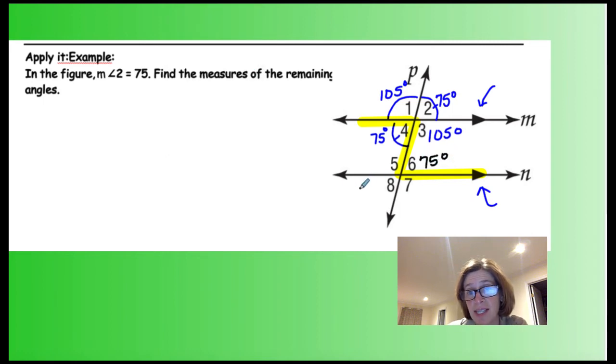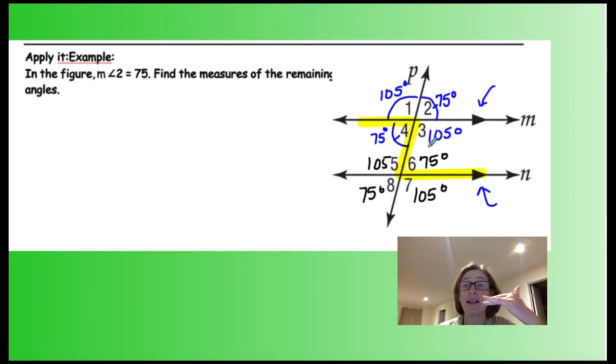And that allows me to say that 8 is 75 degrees, 5 is 105, and 7 is 105 as well. So you can see, if you can remember one relationship, the other relationships are going to come based on linear pairs and vertical angles, okay? They do get harder though, so let's look.